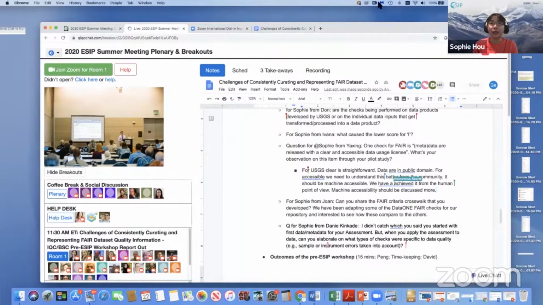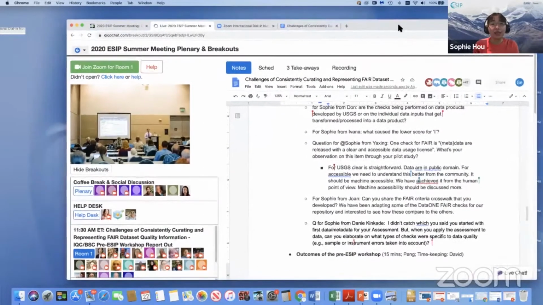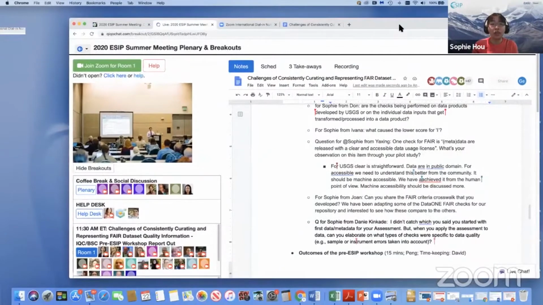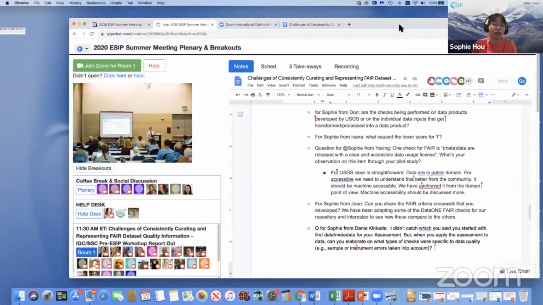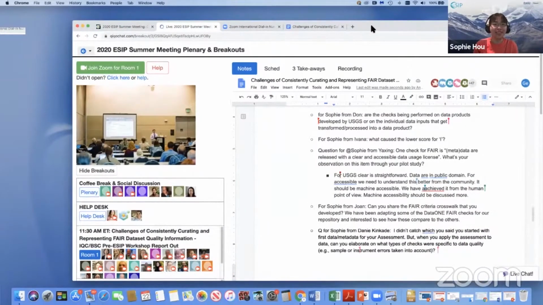And a related question from Danny. Danny asked me whether or not there are checks that were specific to data quality. So Danny, for this question, it's a little bit difficult for me to explain by text, and that's why I didn't reply in the chat. Basically, when I consolidated the checks from the 5 different sets, whatever the checks from these different sets refer to data quality, then I would consider that to be data quality.